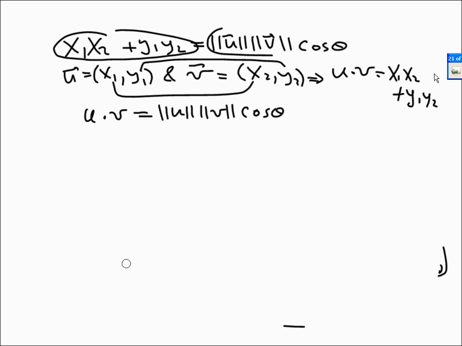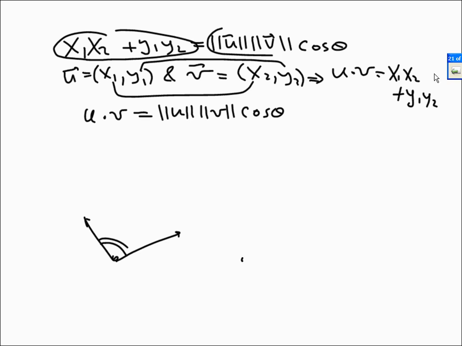That is, I'm saying that we can't be talking about the angle if the length of u or v is 0. Okay. If this is u and this is v, we can talk about the angle in between them.